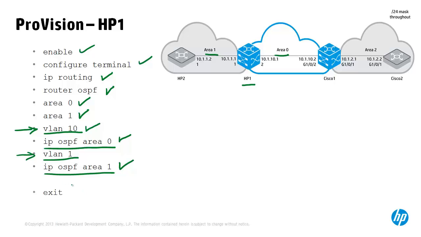So to do that, we're going to type exit to go back to global configuration mode, and then type the command router ospf enable. On older versions of Provision, this was not required, but if your OSPF relationships are not forming, ensure that you've enabled OSPF on the switch by typing router ospf enable.